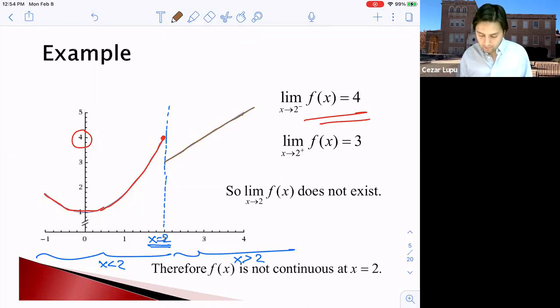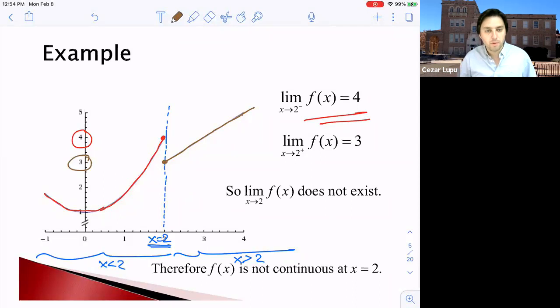And let's see, where does it go? It will go to somewhere at 3, right? Somewhere here, which will correspond to this.